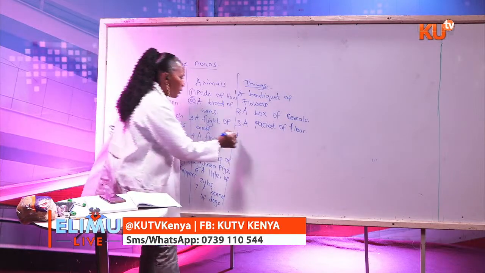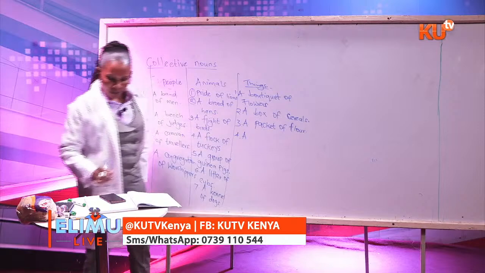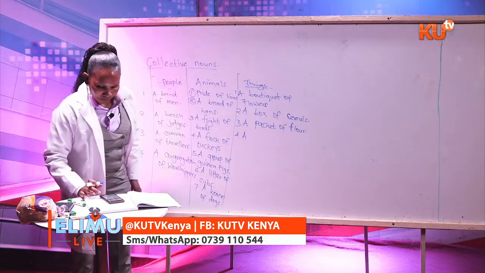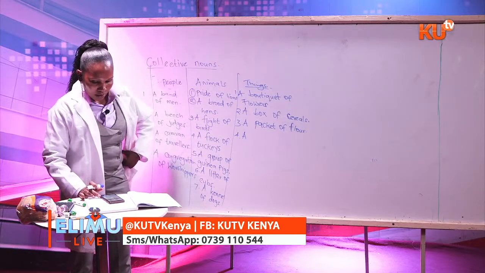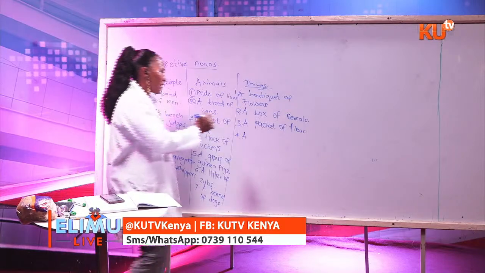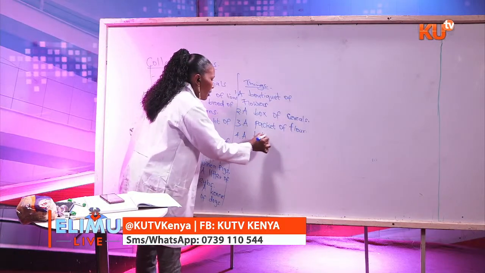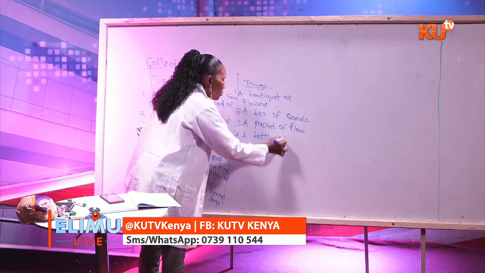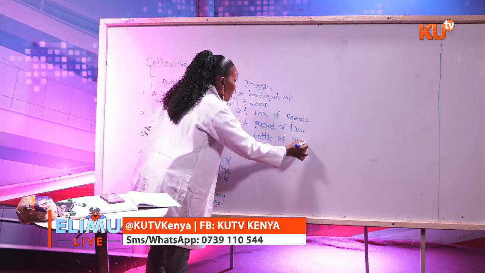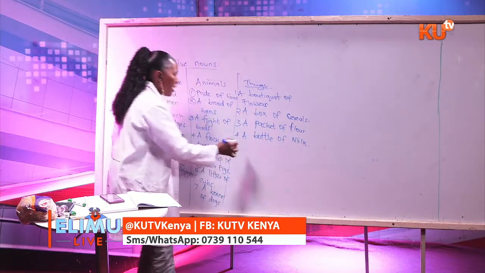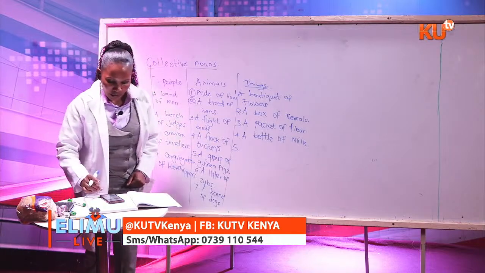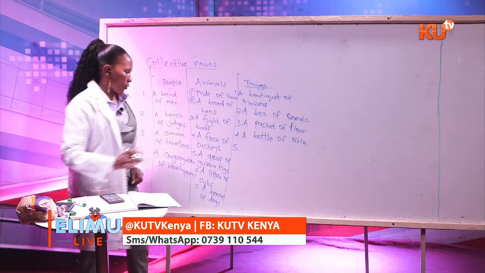We also have a bottle of milk. And number five, we have a can of soda.